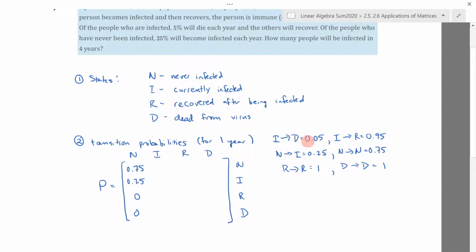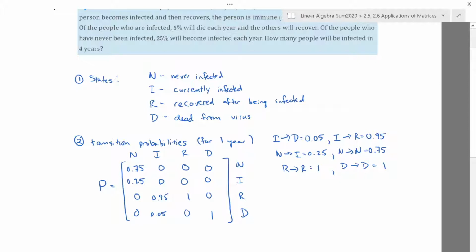Okay, and then I to D is 0.05, and I to R is 0.95. Again, this already adds up to 1, so these other entries are 0. And then R to R is 1, D to D is 1, and again, these other entries should be 0.